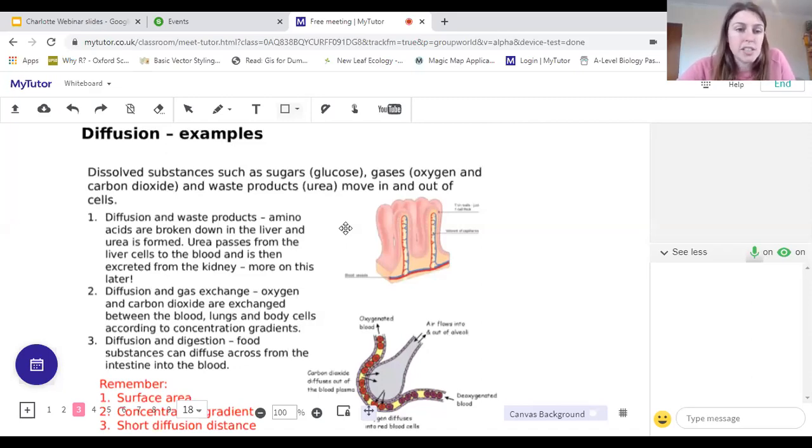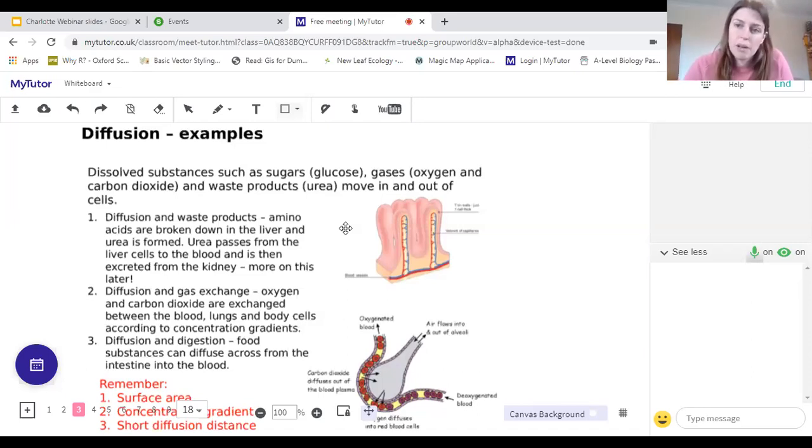If we look at that in detail, diffusion and waste products: amino acids are broken down in the liver and urea is formed. Urea passes from the liver cells to the blood and is then excreted from the kidney. We'll learn more about this later, so don't worry if all of that's news to you.